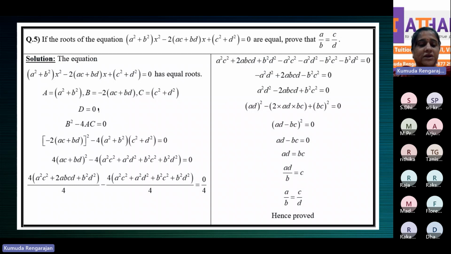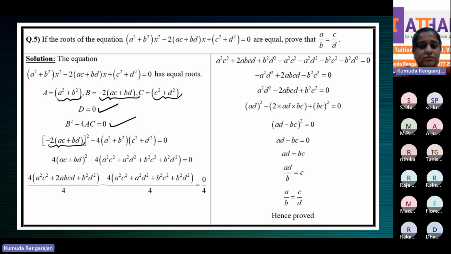Okay, so D is equal to 0. B square minus 4AC is equal to 0. Substitute B. I told you, without the X is B. So this is B. Substitute B. This is B square minus 4 into A into C is equal to 0. Expand this one.